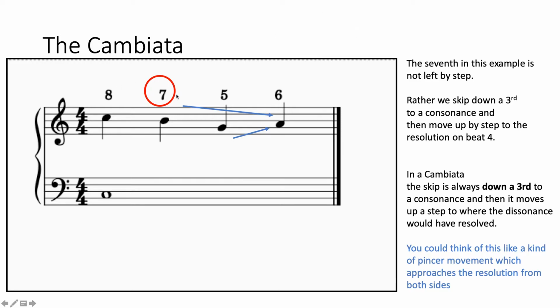So in this case, we've got this seventh. This seventh has been approached by step, but it's not been left by step. And that's one of our crucial rules from before. Instead, we skip down a third, and then we move up a step to where the dissonance would have usually resolved. So it'll sound a little bit like this.